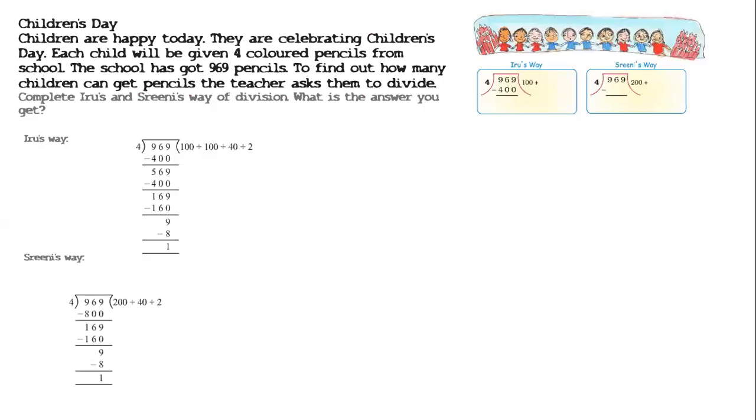Next division. The whole chapter is about divisions only. Children are celebrating Children's Day. Each child will be given 4 colored pencils.